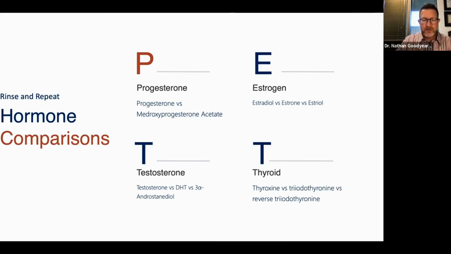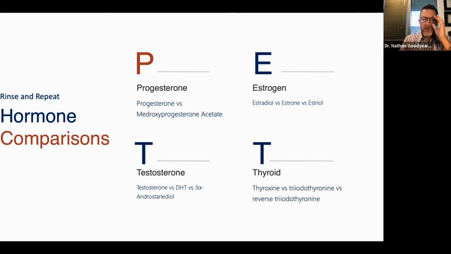They have different dissociation rates. They have different elimination rates, all because they have slight variations, not a sodium element like what you would see in sodium ascorbate, but small additions, whether it's a carbonyl group, a hydrogen group, or a methyl group, that change these hormones to cause drastically different effects throughout the body.